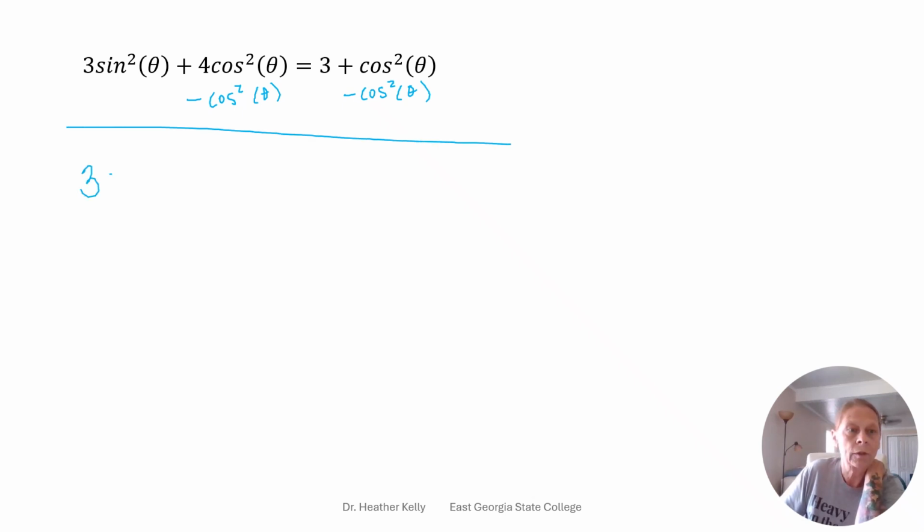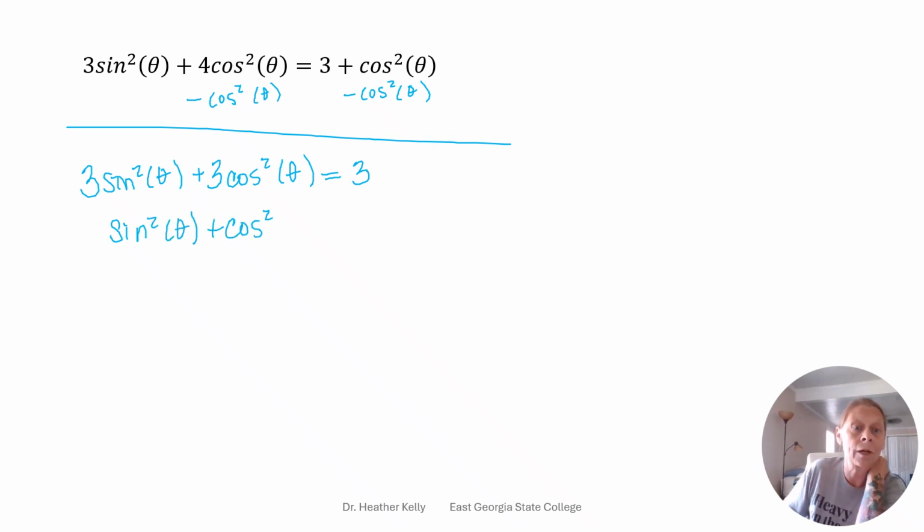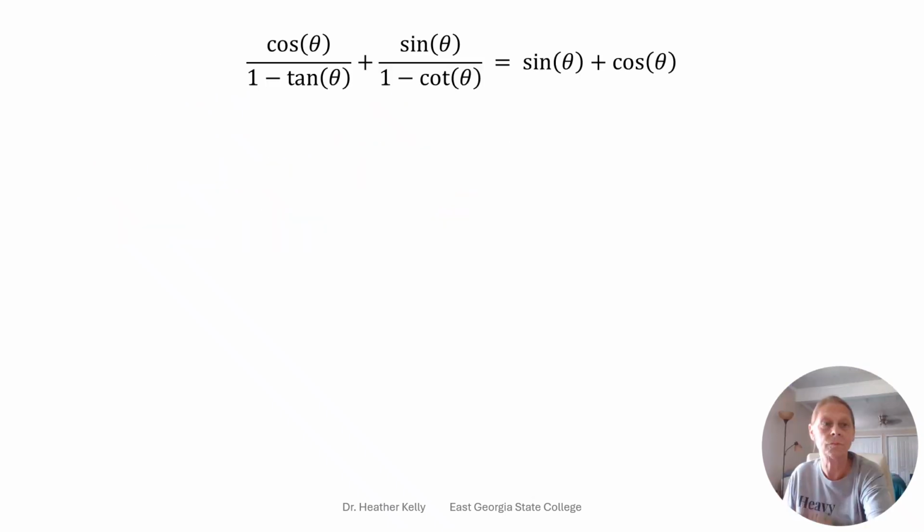So I wind up with 3 sine squared theta plus 3 cosine squared theta is equal to 3. Oh, snap! Well, we can just divide all those by 3 and we get sine squared theta plus cosine squared theta is equal to 1. Done. Awesome.